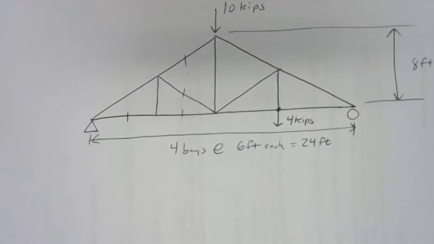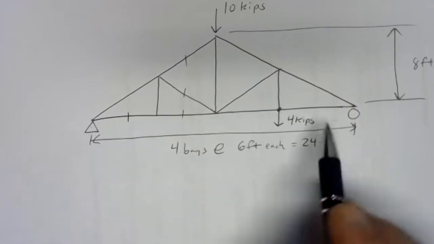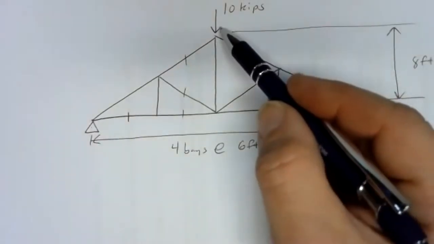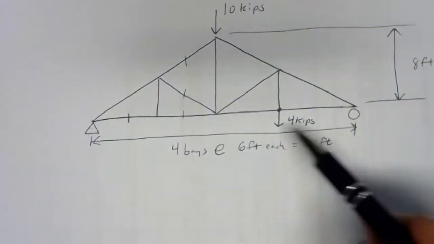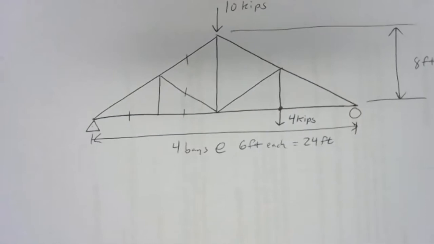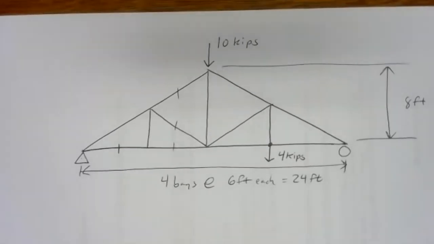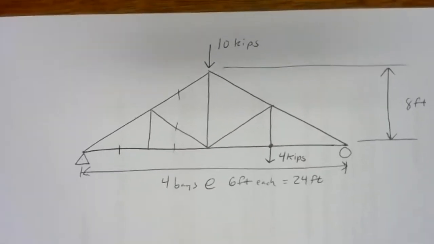So first thing we have to do is figure out the reactions at the supports. Now, if it was just that 10 kips pushing down, we could split it evenly and we'd be done. But we've got something throwing that balance off. So we've got to deal with the whole free body diagram. So let's find the reactions at the supports first, and then we'll do method of sections.